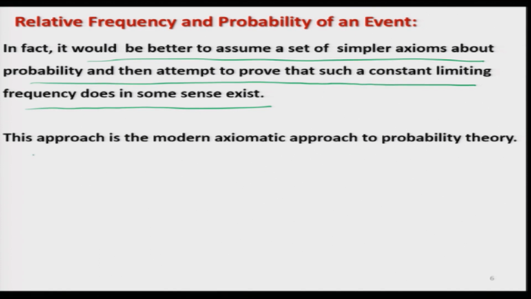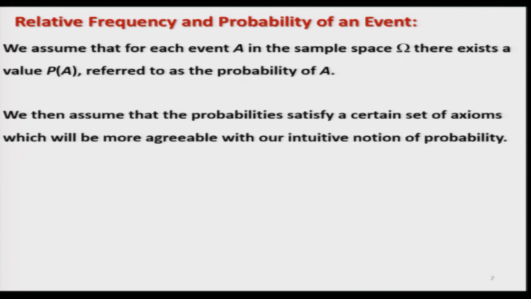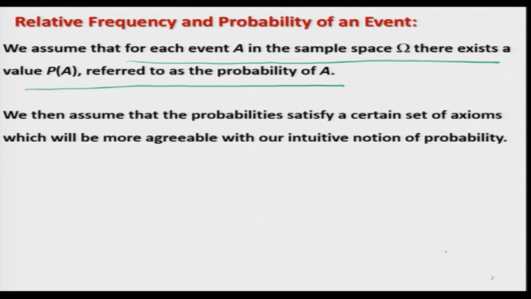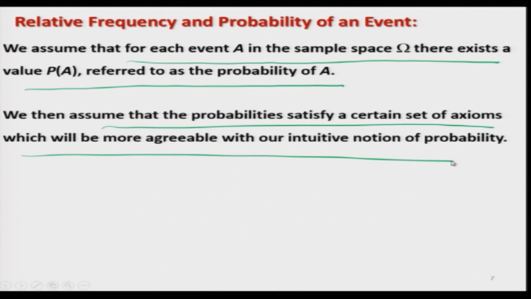And this approach is the modern axiomatic approach to the probability theory. In this case, we assume that for each event A in the sample space omega, there exists a value P(A), which is referred to as the probability of A. Then we assume that the probability satisfies a certain set of axioms, which will be more agreeable with our intuitive notion of probability.